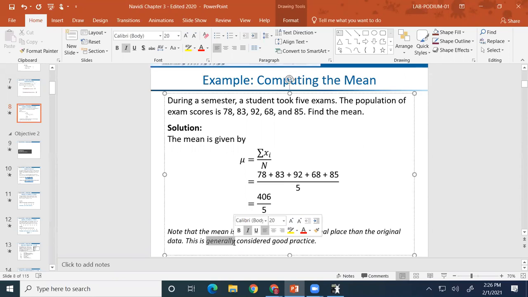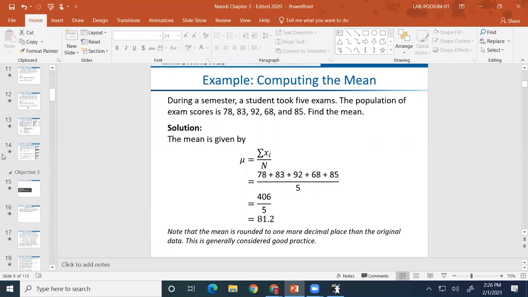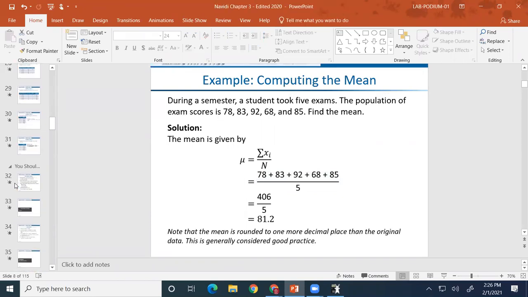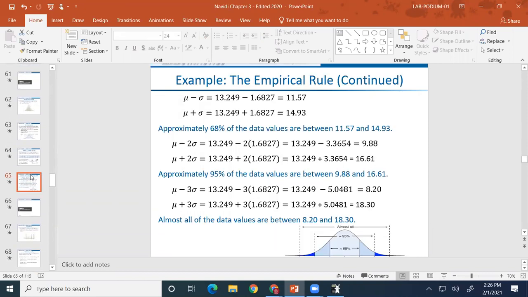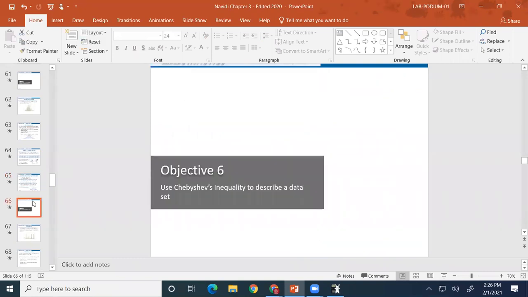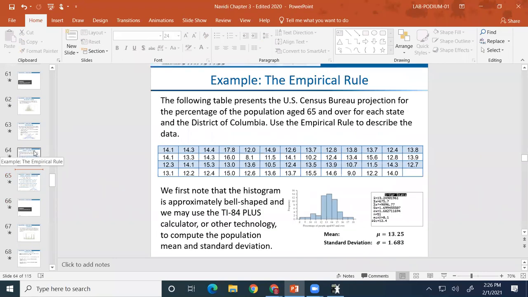But generally, good practice, one decimal place beyond. See, so these were all whole numbers. So we went out to 1/10.